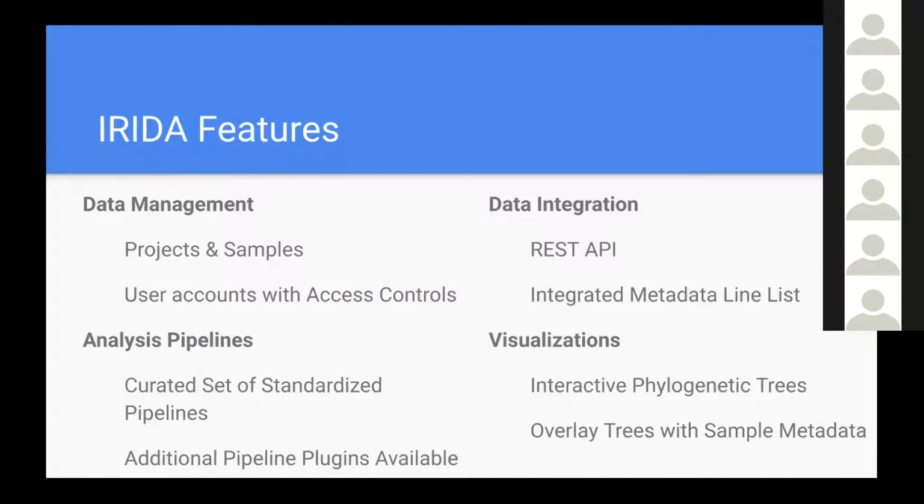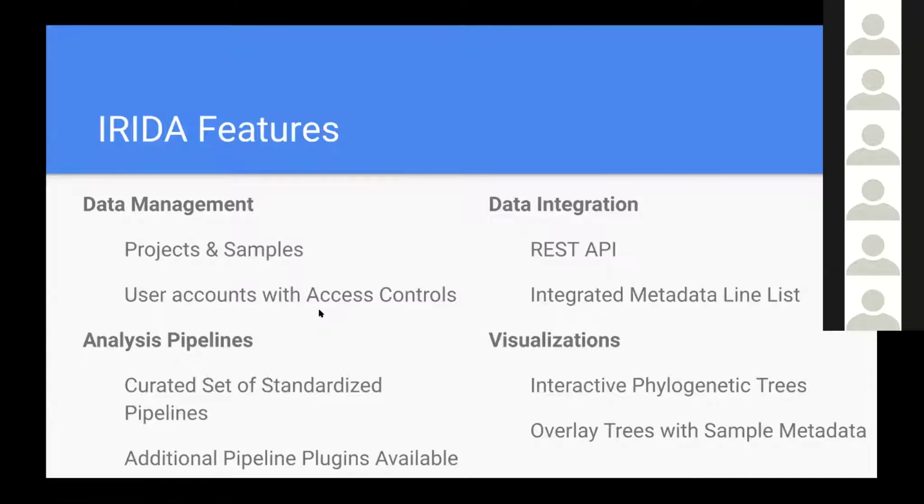So we have a broad overview of some of the Irida features. We'll start with data management. The main entities that Irida deals with are projects and samples. You can have a huge number of projects in your Irida server, and each project can have a number of samples.